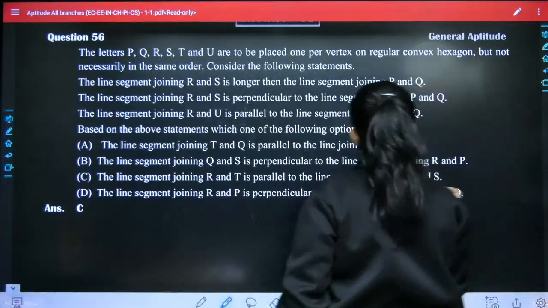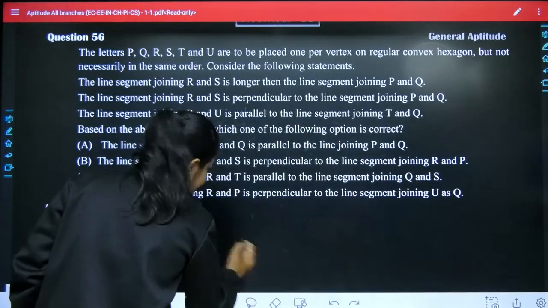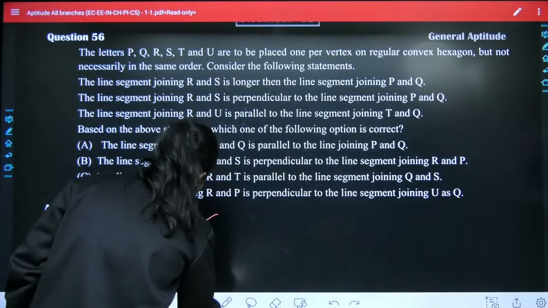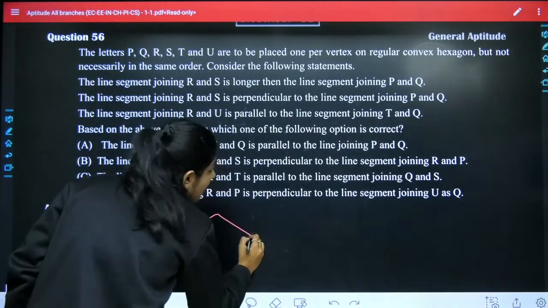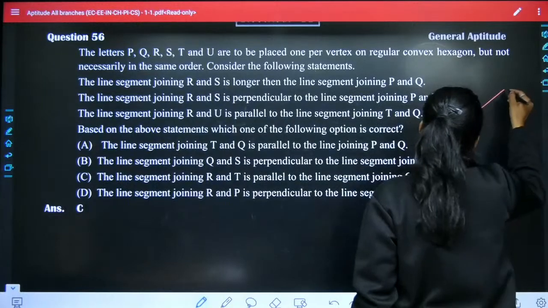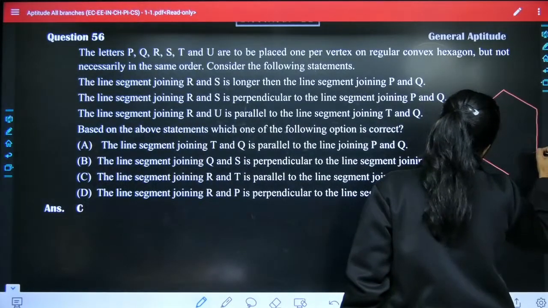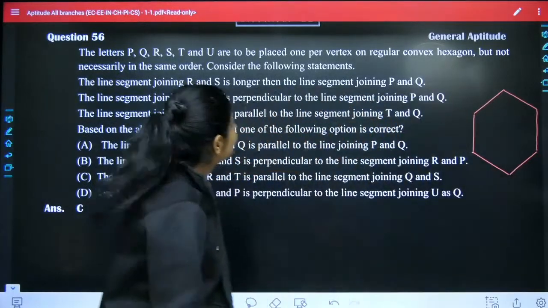Let's suppose here we have a hexagon. Okay, this is our hexagon.